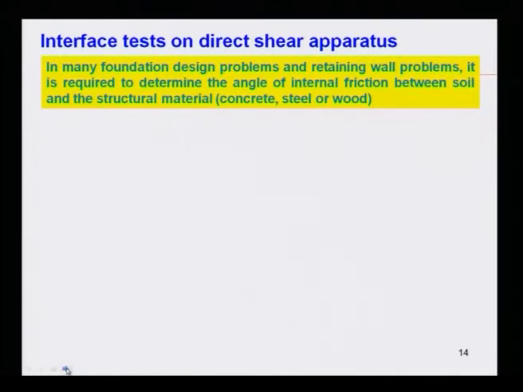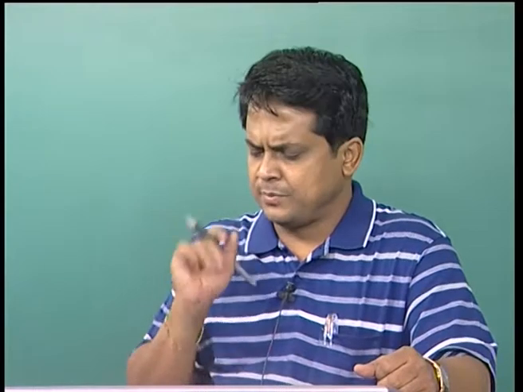Let us take for example one footing. This is the footing constructed over a cohesionless soil, say this is sand. For sand you will get phi or phi prime from direct shear test, that is fine.